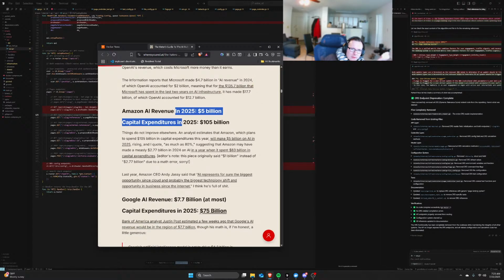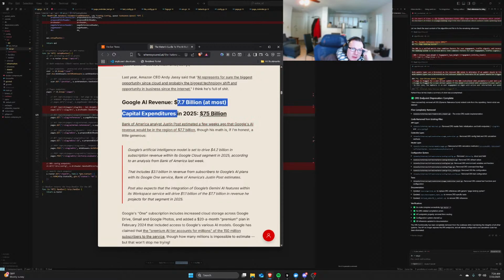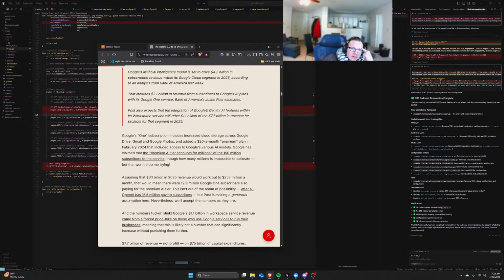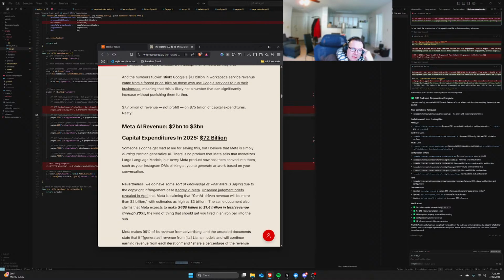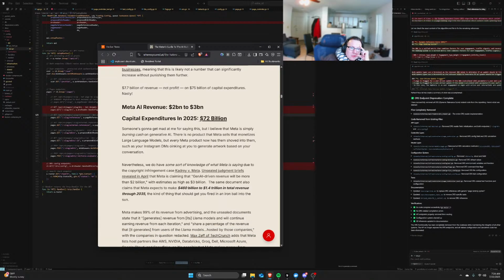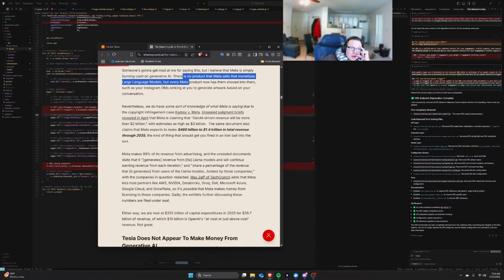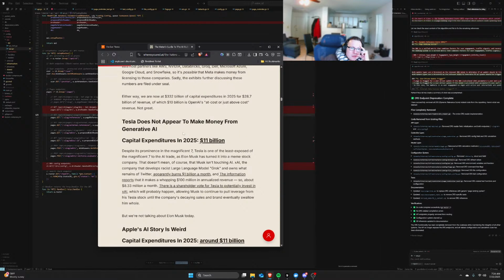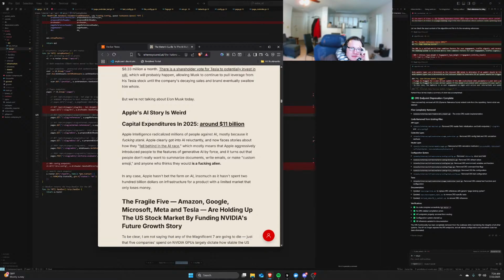Google does. I don't know if Amazon does. Holy shit! Only 7.7. I don't even need to read this. This is crazy. Meta's AI 72 billion. Holy shit. And Tesla doesn't make any money.